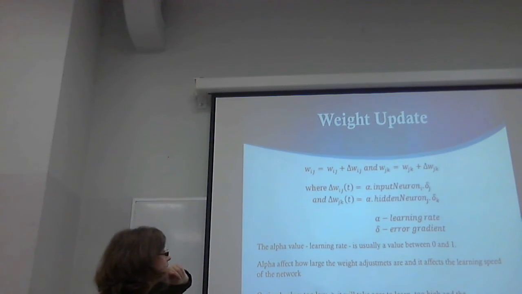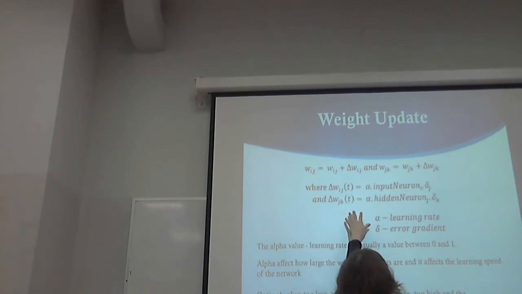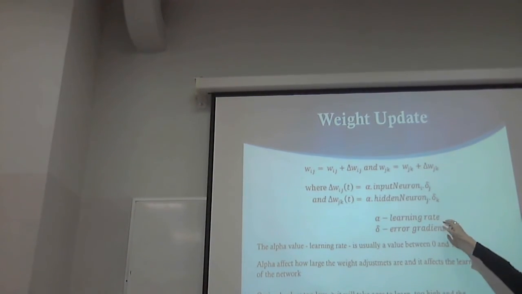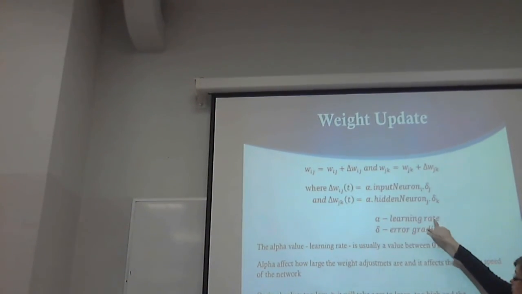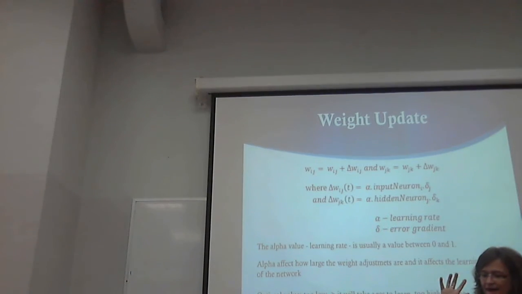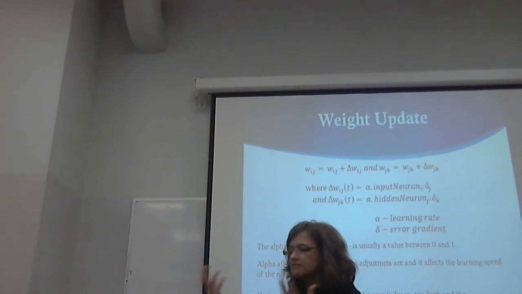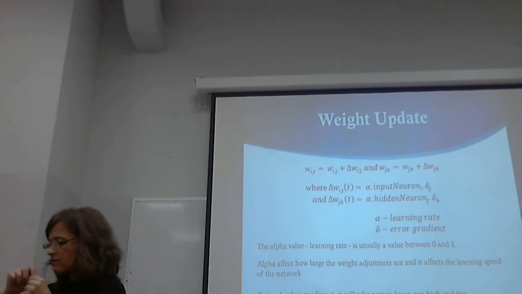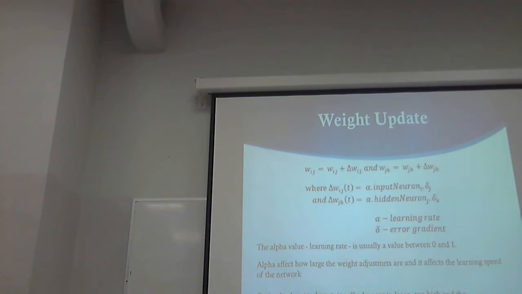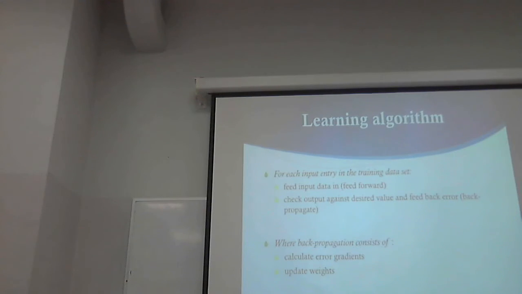And the delta weight could be a combination of the learning rate and the error gradient. So not just the error, but the derivative of the error. So how fast your error grows, right? So you can use it, and it is implemented for you.